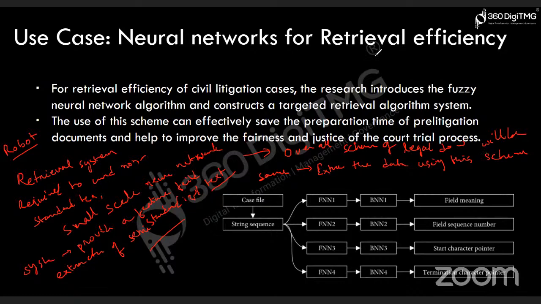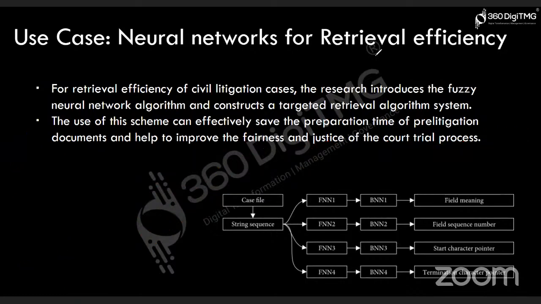So if we look at the scheme, how we are using machine learning to find the documents. Suppose we are having a case file. Now this case file has some schema like name, legal person name, claim extraction, defense opinion, like this we are having, and result.